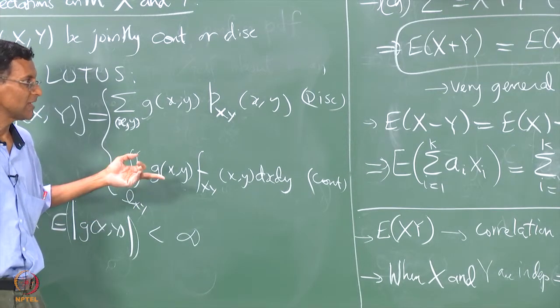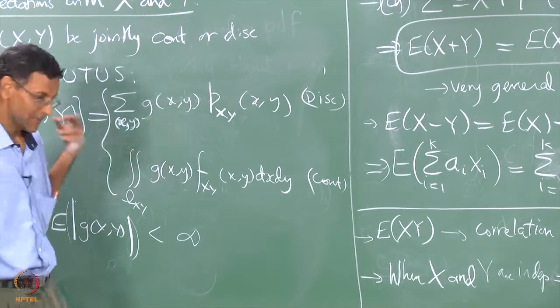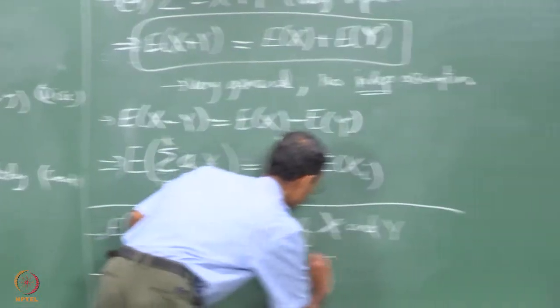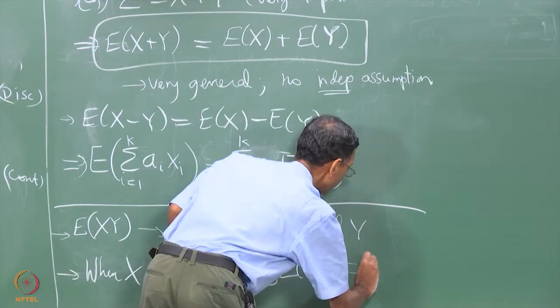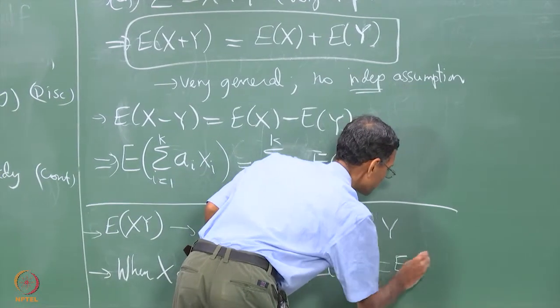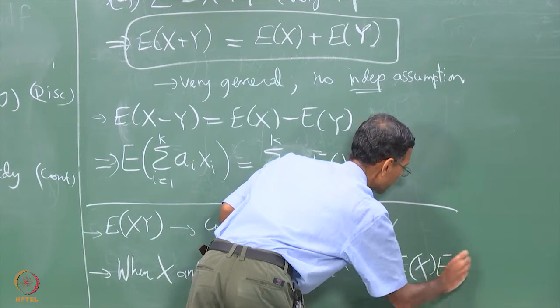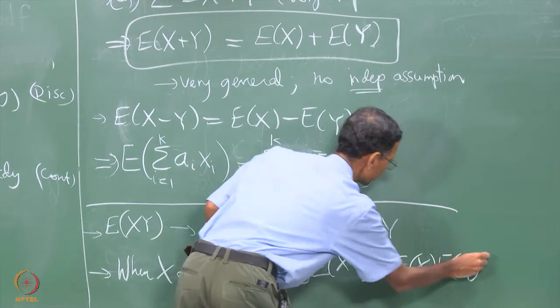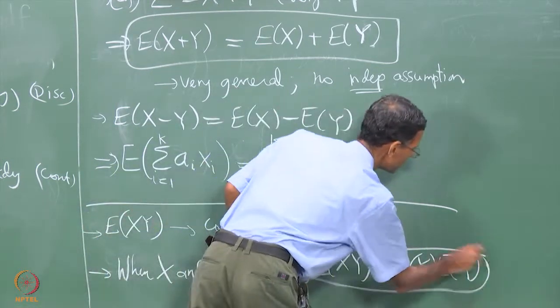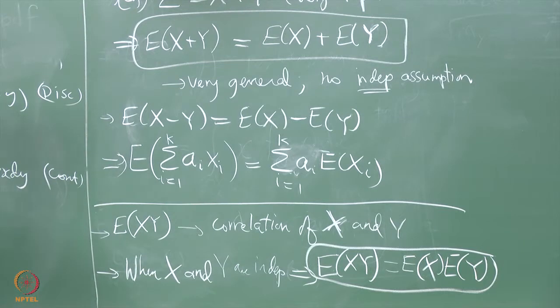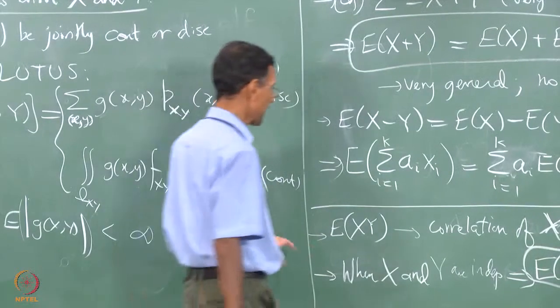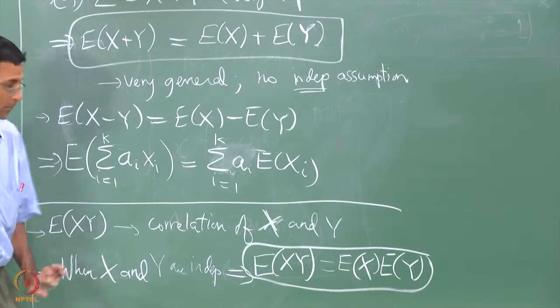So what happens to E of xy? This implies that this correlation is a product of the means.